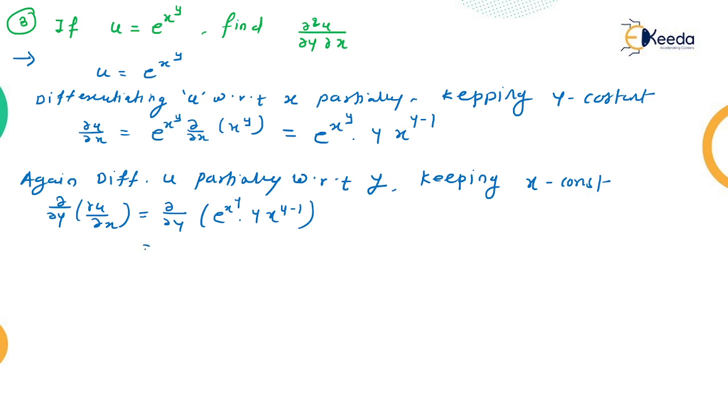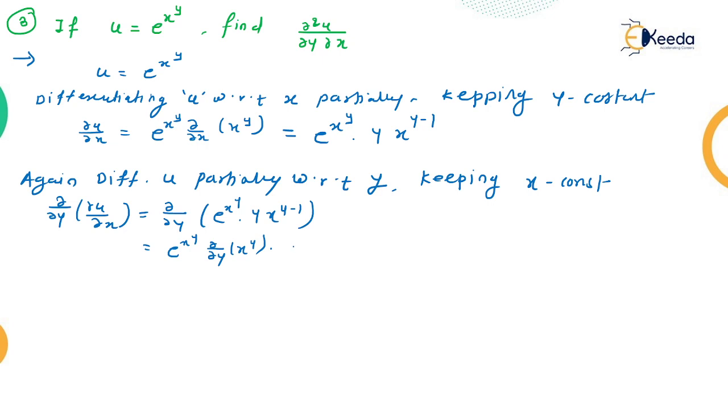This can be written by taking the product rule. First, e to the power x raised to y as it is, into ∂ by ∂y of y into x raised to y minus 1, keeping the other variable x as a constant.